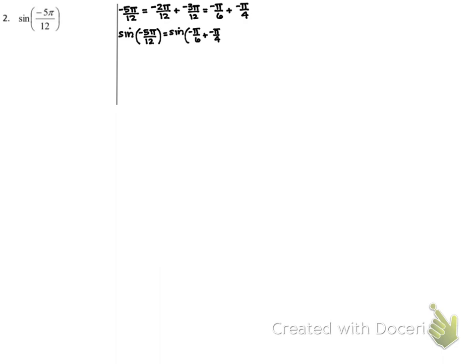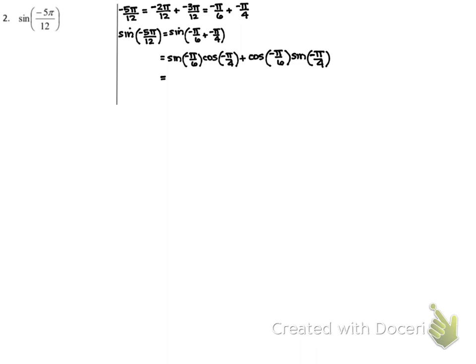So I'm going to do an addition problem for sine, which is sine of the first, cosine of the second, match the positive, cosine of the first, sine of the second. And then just use what you know about the unit circle.